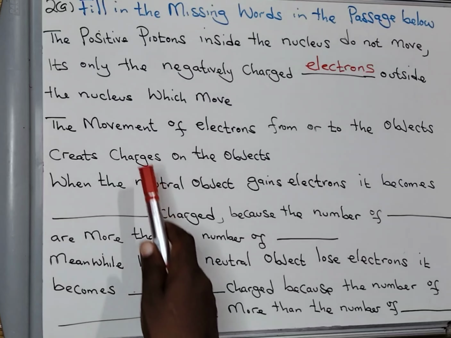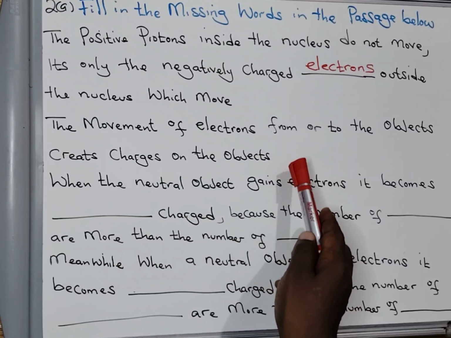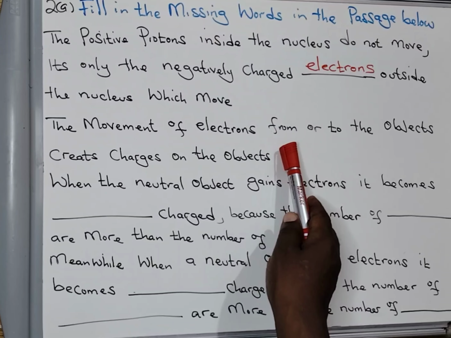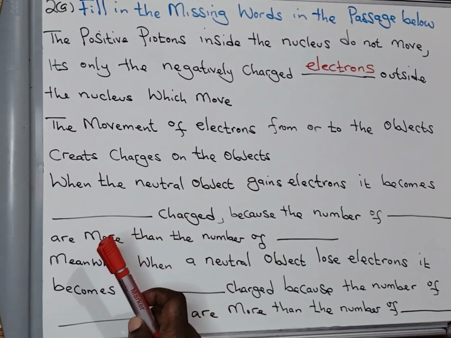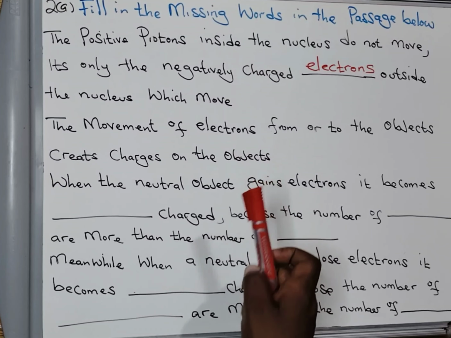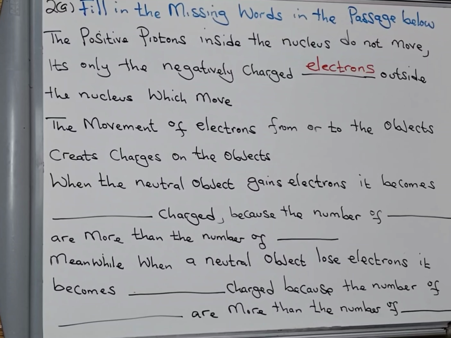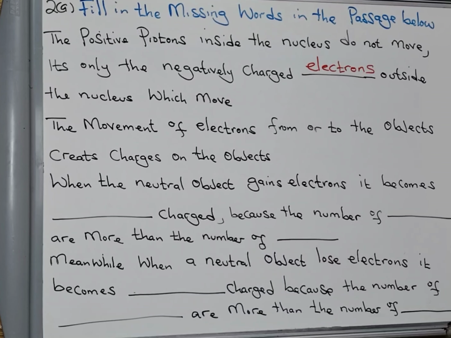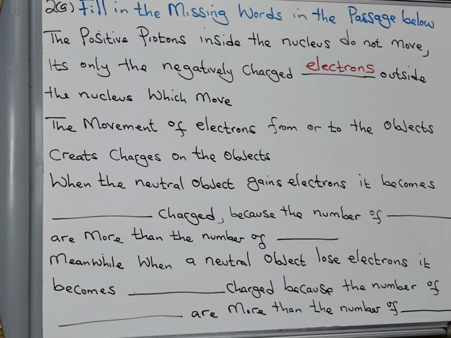Okay? The movement of electrons from or to the objects creates charges on objects. So all charges, whether positive or negative, are created by movement of electrons.